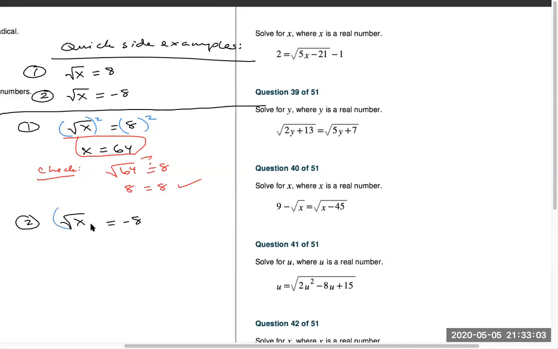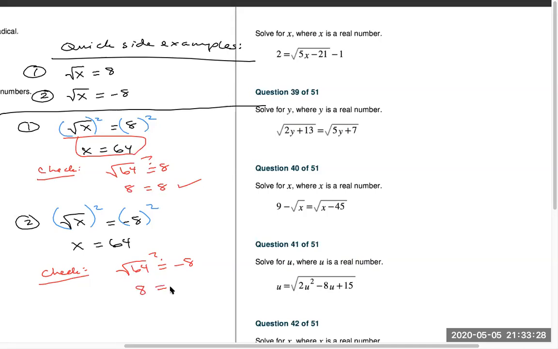So we're going to square both sides. We actually get the same looking equation, x equals 64. So then we check. Is square root 64 equal to -8? And the answer is no. Remember, square root 64 is the positive square root.